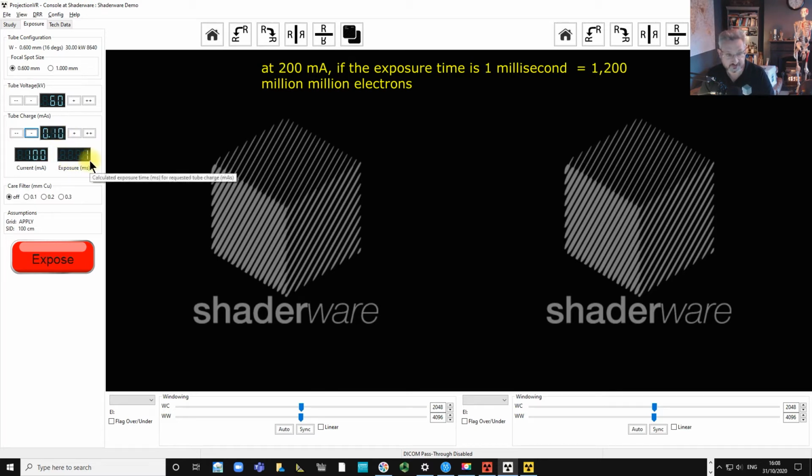Or you could have the same exposure time and 200 milliamps, which would mean that you'd get the same exposure time but double the rate, so you'd get 0.2. So this is something we don't tend to change independently. We can, but we don't tend to. The system tends to work it out for us. We set how many electrons we want, and what will happen is that it will sort out that for us, usually trying to keep the exposure time as low as possible.